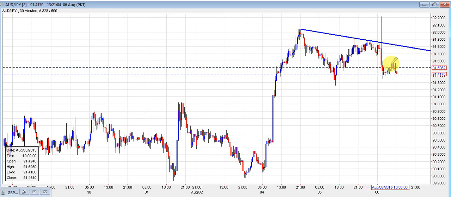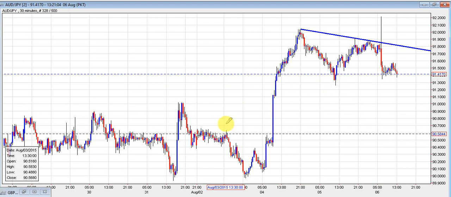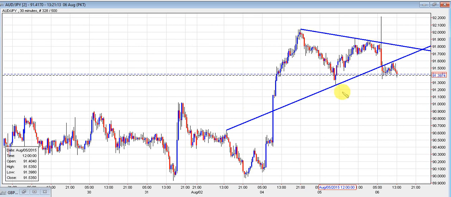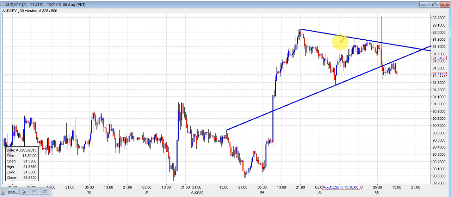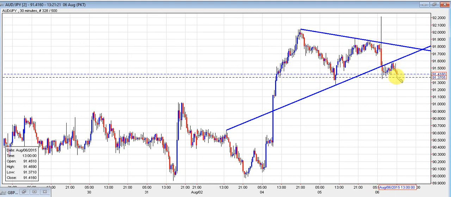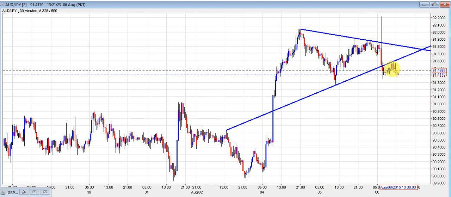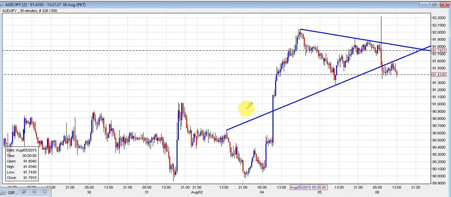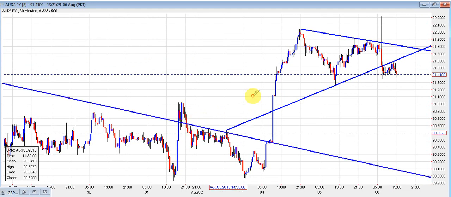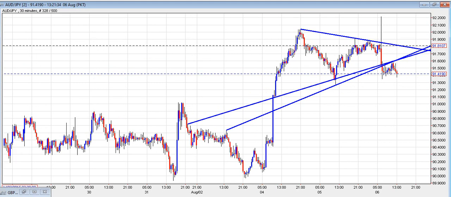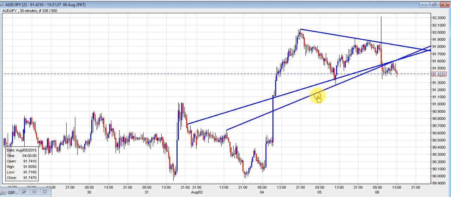Let's say if we do this, you see what I mean? So it seems like we have a symmetrical triangle out here, and it's already broken. We already had a small retest and coming down. So I think I can probably do this also. From this angle, it's almost the same thing.